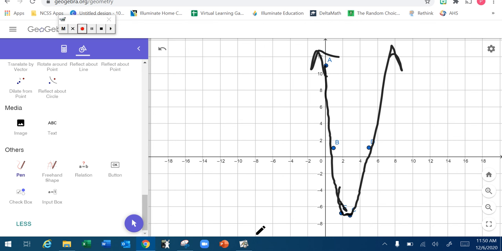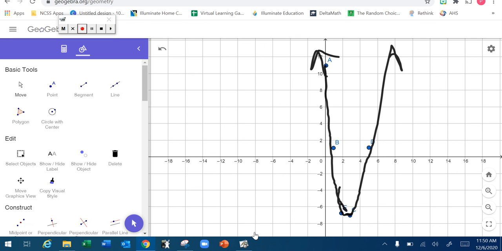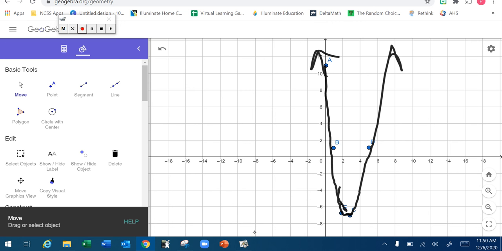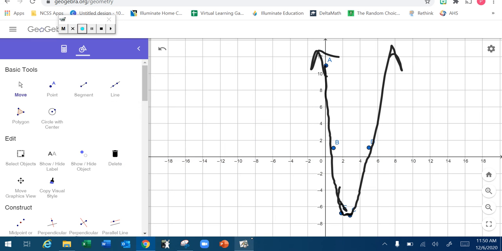My point needs to be moved over some more. Was that 2? It was 2 and -5. So 2 and -5 is about right here. So something like that. Okay, anyway, I'm tripping. So we'll have it look like that.